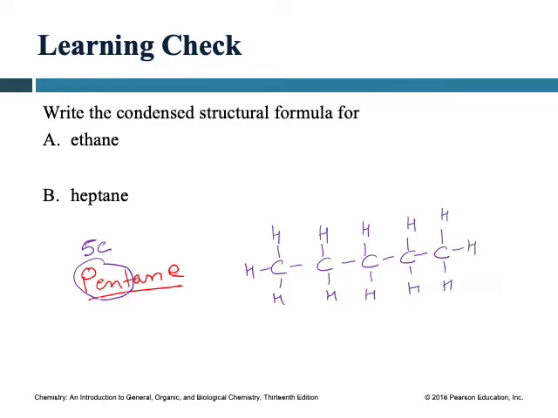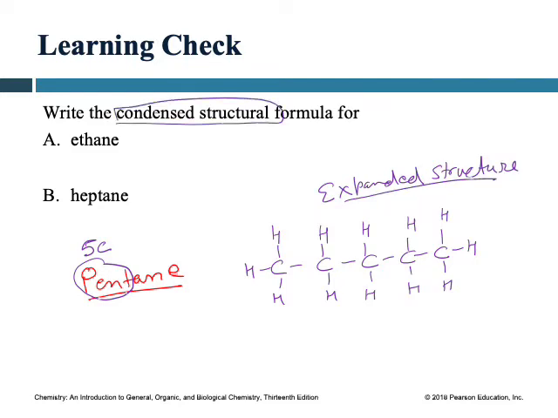So this is your expanded structure, right? But we have to make a condensed structure. How are we going to make it? CH3, bond, CH2, CH2, CH2 and CH3. So 1, 2, 3, 4, 5 carbon. Right, so this is your condensed form.